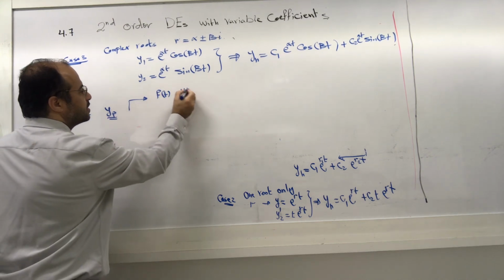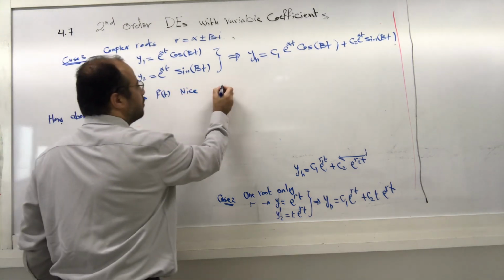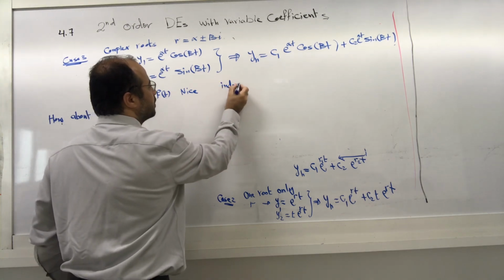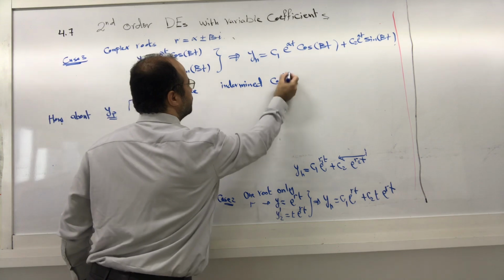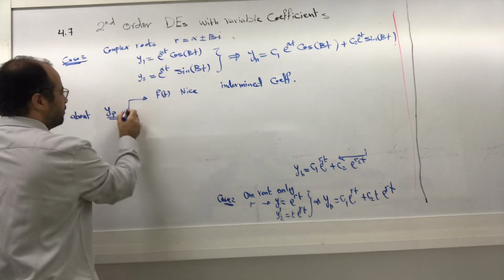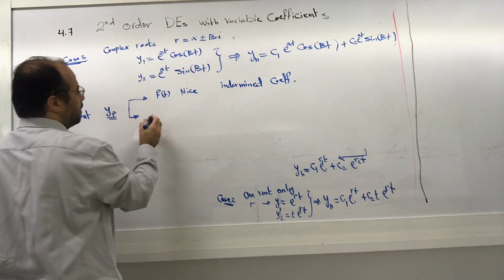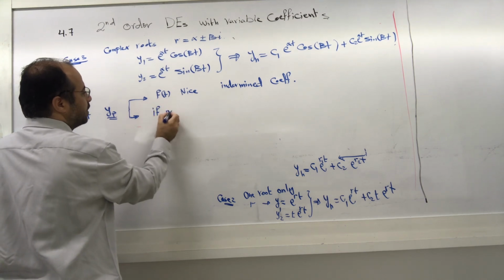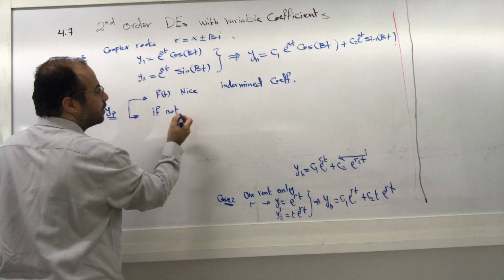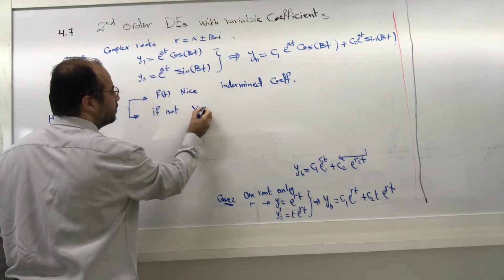If it is nice, then you go with indeterminate coefficients. And if not, you go with variation of parameters.